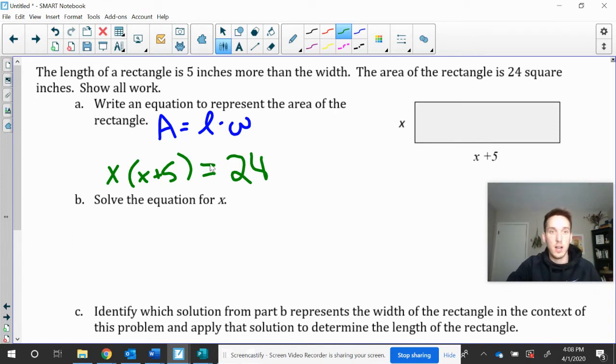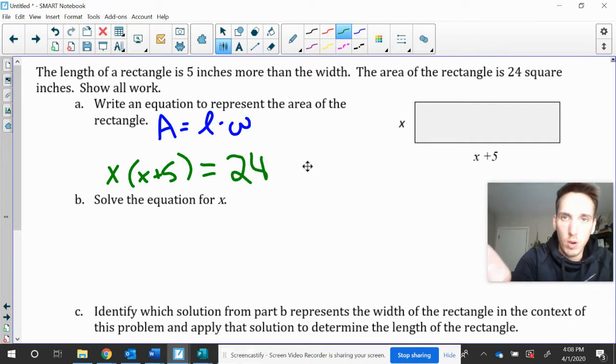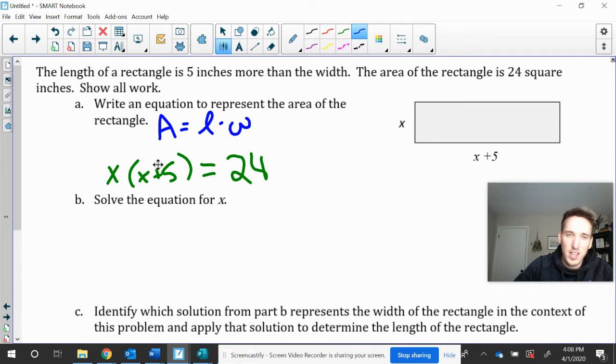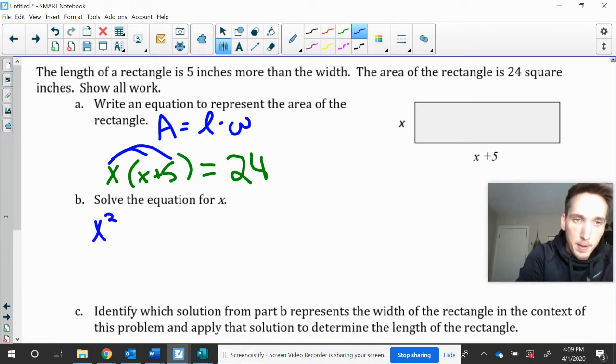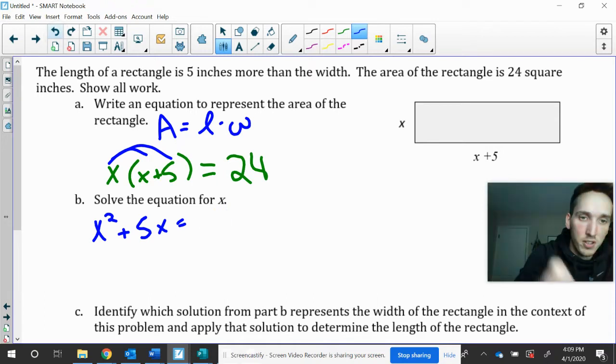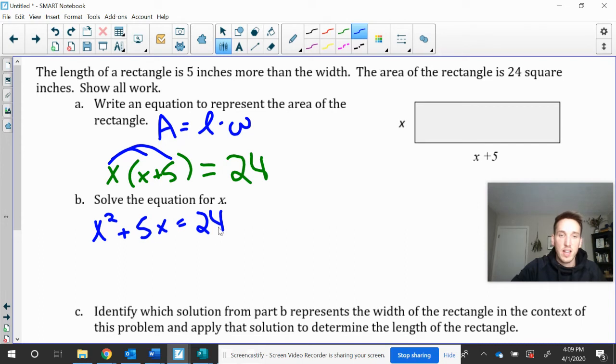The next part says solve the equation for x. So how are we going to solve that equation? Well, if you look at this, it's kind of messy. Let's simplify this left side and see what we're working with. If I distribute that x in there, I've got x squared plus 5x equals 24. Hopefully this is looking familiar to you now. I've got an x squared, a 5x, and a constant.